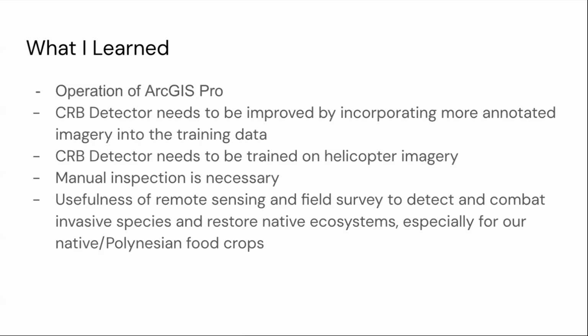So maybe even making a separate detector using helicopter imagery might be useful for the future. And at this point in time, manual inspection is still necessary for these flights for detecting CRB damage and mulch piles. And we could also make another model using just the mulch piles for their breeding site identifications with BISC.